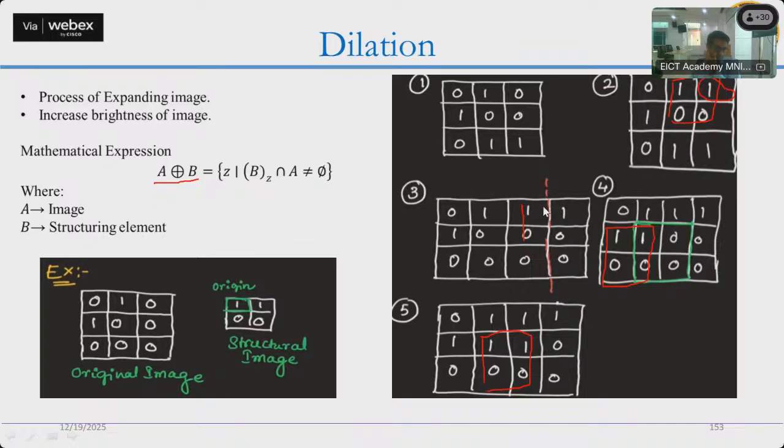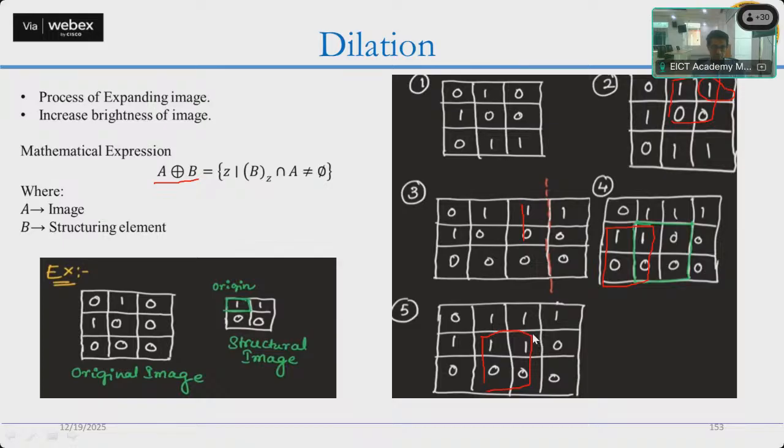In the same way, when you multiply this structure with this one, what do you get? 1, 1, 0, 0. So you will get 1, 1, 0, 0 here, and here the upper terms are fixed, so the lower terms are fixed, and it will be 1, 1, 1. Thereafter, you will get this term, and then you multiply it again, and you will get 1, 1, 0, 0 again.